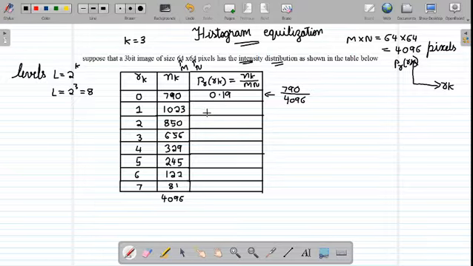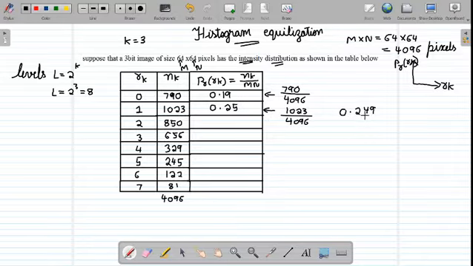Similarly, here the value of Nk is 1023, so it is 1023 divided by 4096, and its value would turn out to be 0.25. When you divide 1023 by 4096, the value is 0.249.